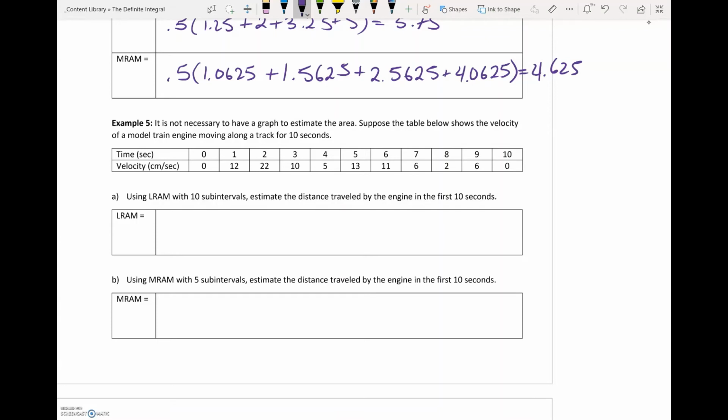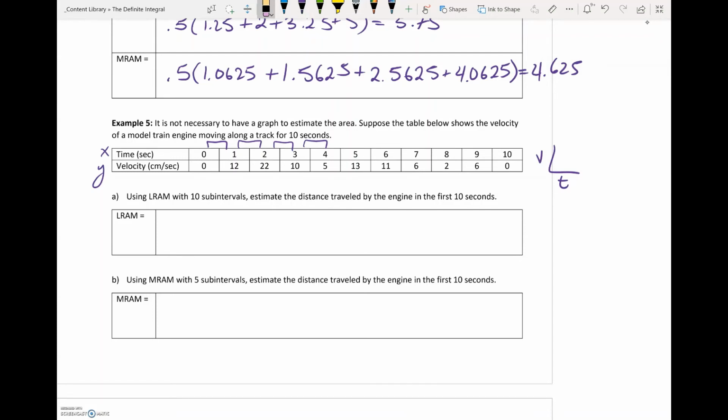And if you take a look at the width, because usually it'll be v over t, we're going to use time to determine our intervals. So if you look at time, it looks like our width for each of these is going to be of 1. It doesn't jump at all. So your width is going to be 1. Remember, in this case, it was 0.5 in the previous question. In this case, it's going to be 1 because you can tell it's kind of like our x value, and the velocity will be our y value, which is the height.